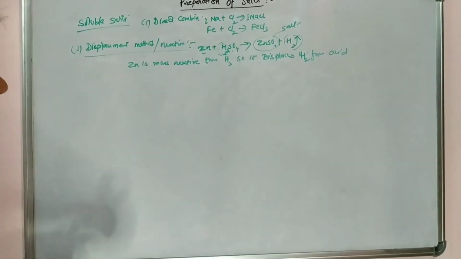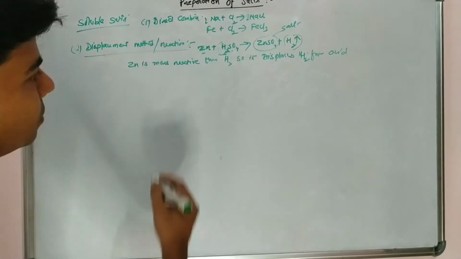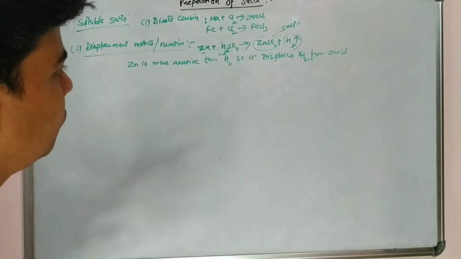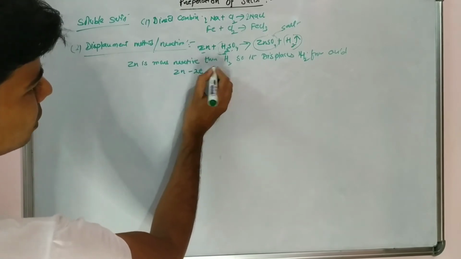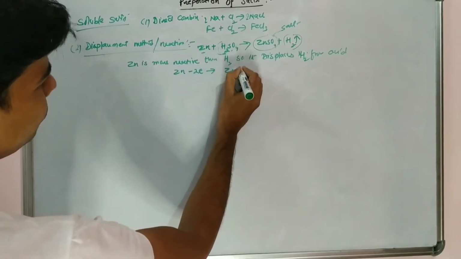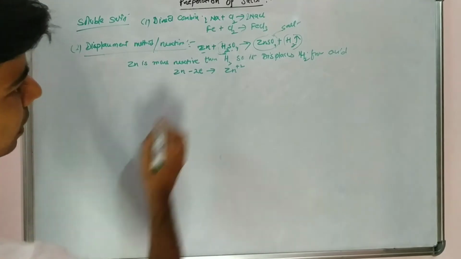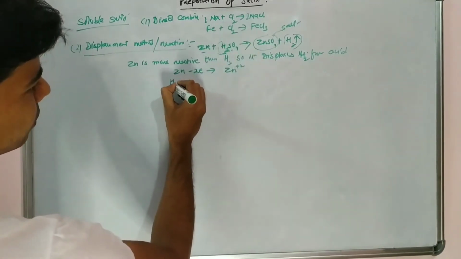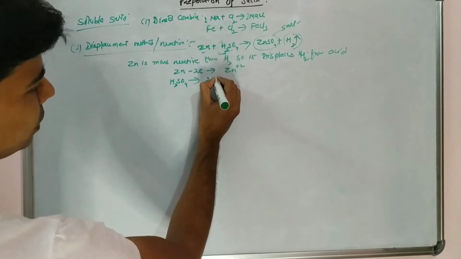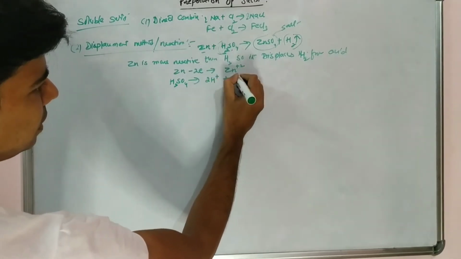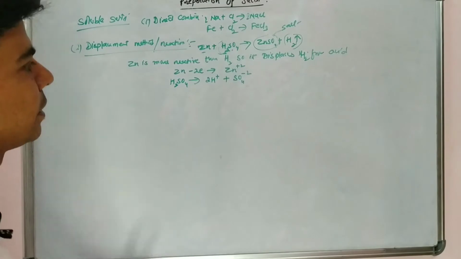Now let's see how it works. If we look at the mechanism of reaction, what is exactly happening? We know that zinc will lose electrons to give zinc ions. Similarly, sulfuric acid will also ionize to give hydrogen ions and sulfate ions.